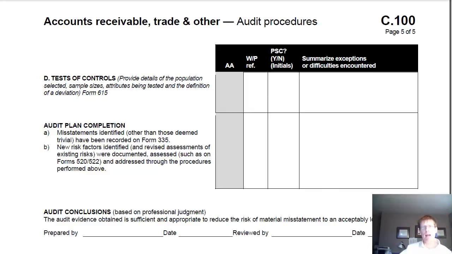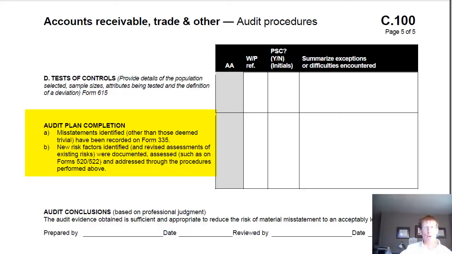This brings us back to our accounts receivable audit procedures. In section D, you can see that we're documenting the results of our test of controls. Once again, this is a reference to another form which would detail what tests of controls we performed and the results of those tests. And then finally, we have our audit plan completion section, which will be the subject of our next lesson.